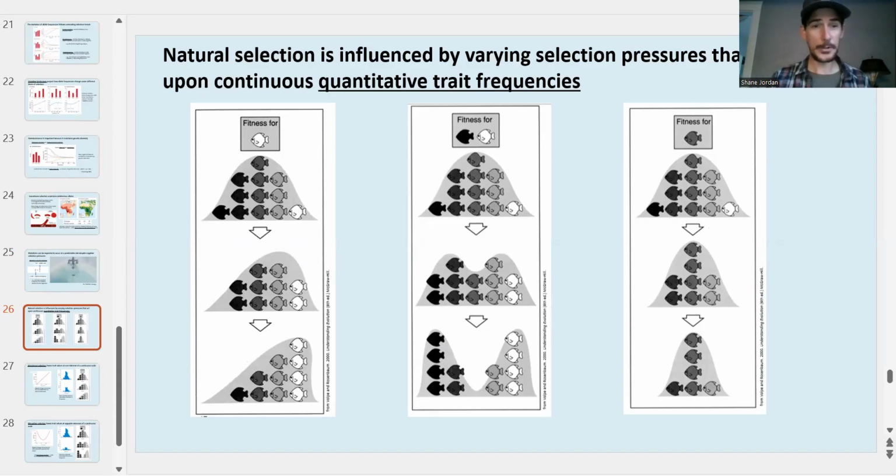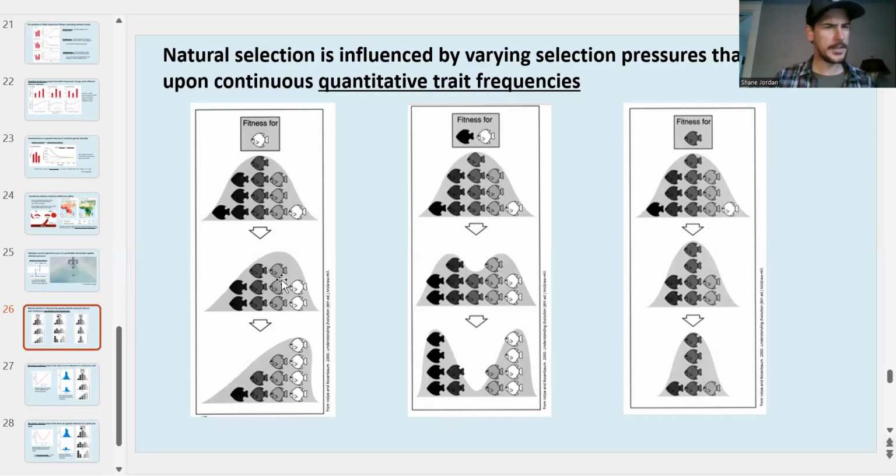In these examples we're going to look at, we might say, well, how is the frequency of different pigmentation in these different hypothetical fish populations being influenced by natural selection? And so we might have three different phenotypes within this fish population, a very light colored phenotype, or a very dark colored phenotype, or maybe an intermediate phenotype.